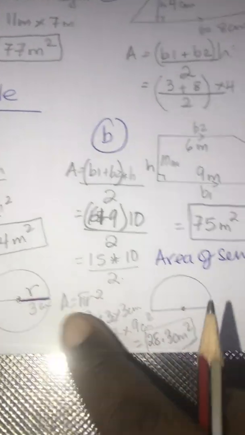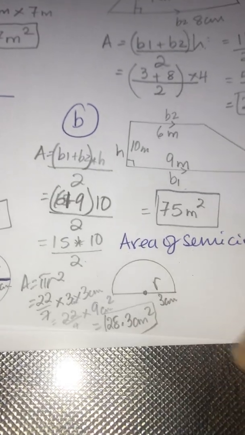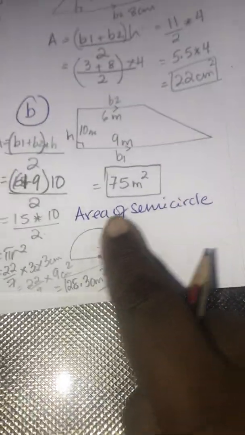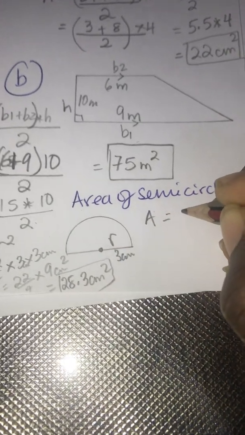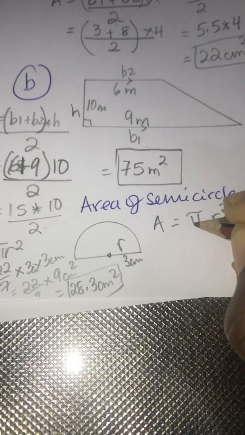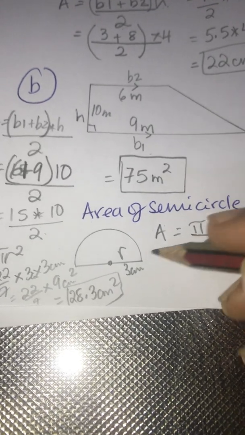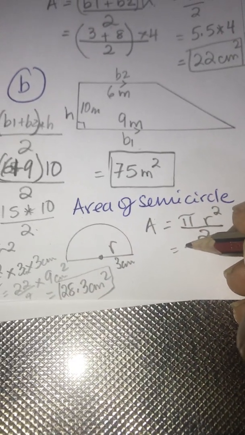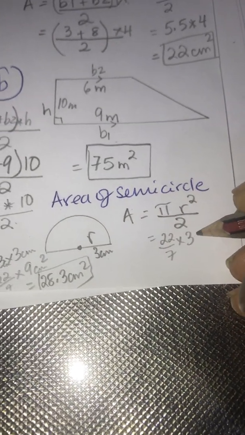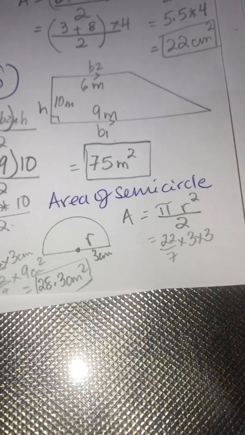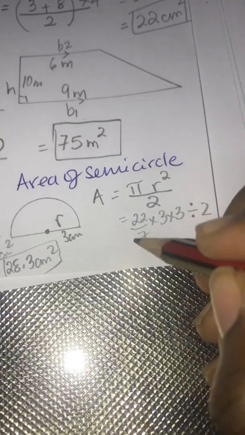So let's say this is still the same question. The question gave us R, and R is 3 centimeters. So since this is a semicircle, you will do area equals pi r squared, but you will divide by 2 because this is a semicircle. So our pi is 22/7. Our radius is 3 times 3, and then I will divide by 2.